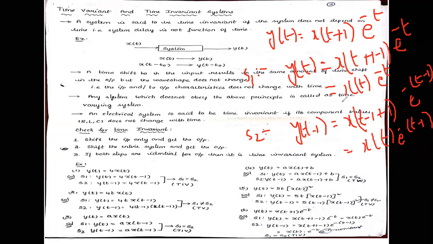So now you can compare: the x of t is the same on both sides. But here it is e power minus t, and in this, e power minus of t minus 1. So here also both are not equal, it is time variant. How did we get the time variant, my students? E power minus t, e power minus 1.